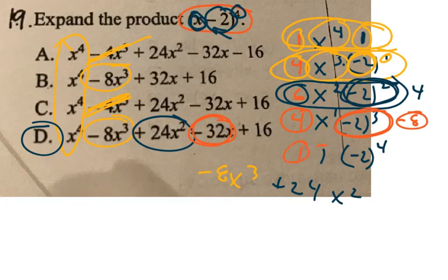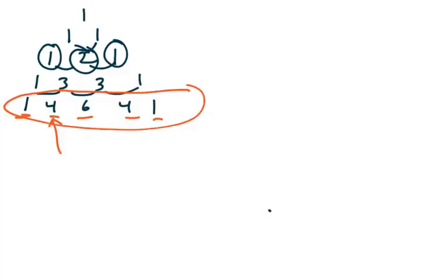And of course, 1 times negative 2 to the 4 is positive 16. But that is what we call the binomial theorem, and we use Pascal's triangle to find the beginning coefficients.